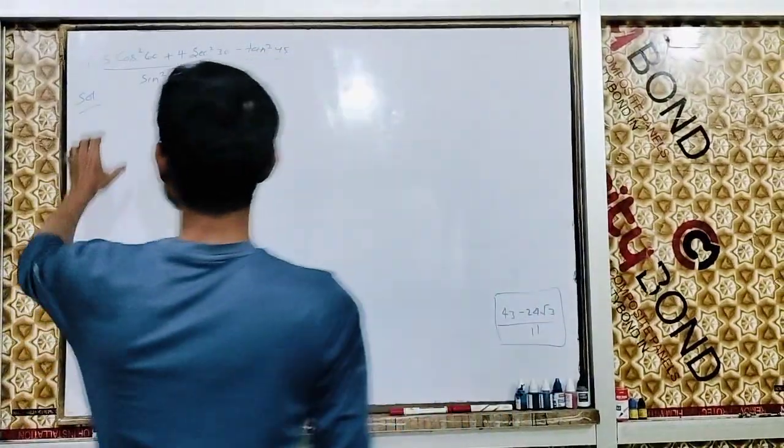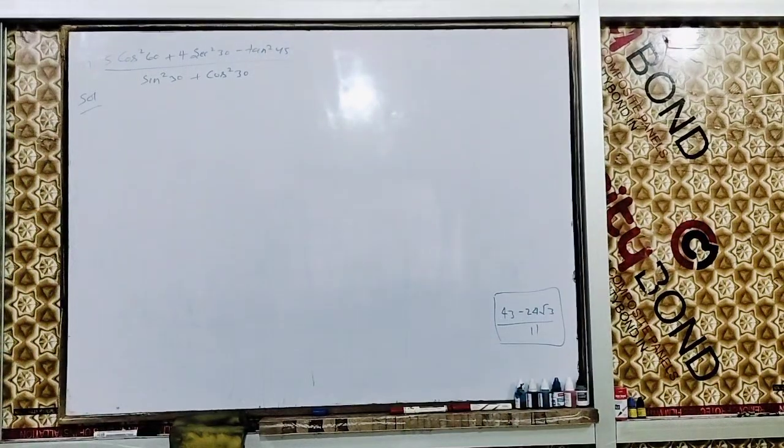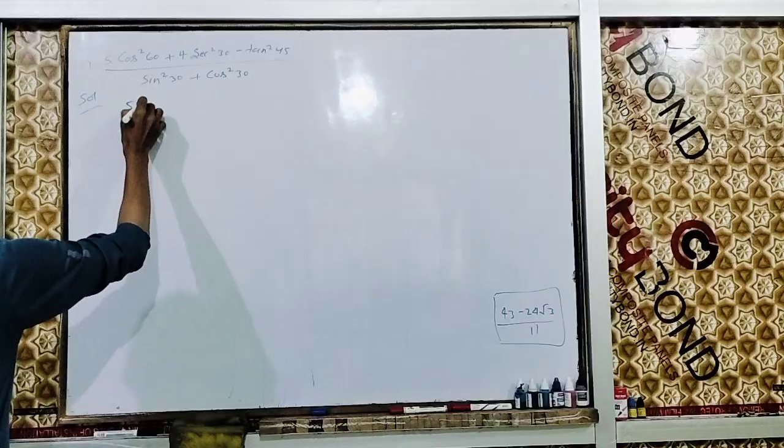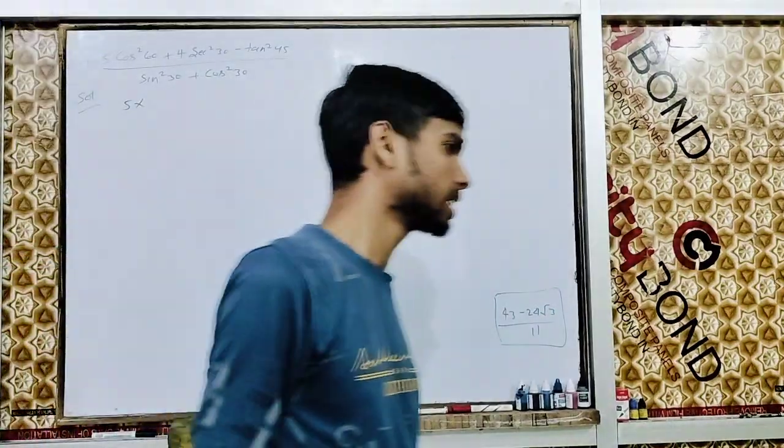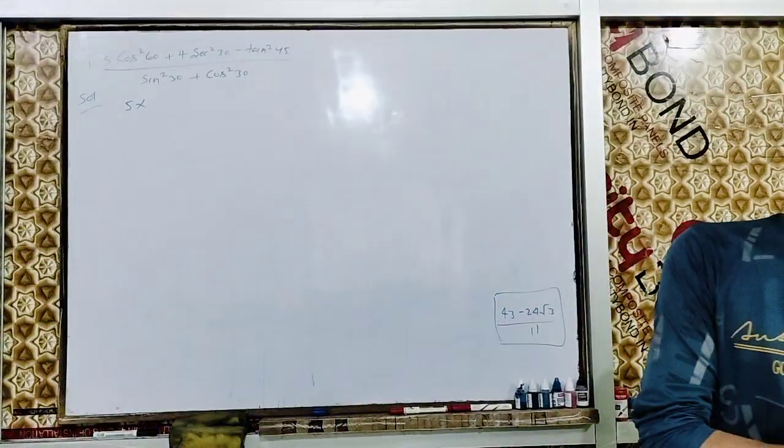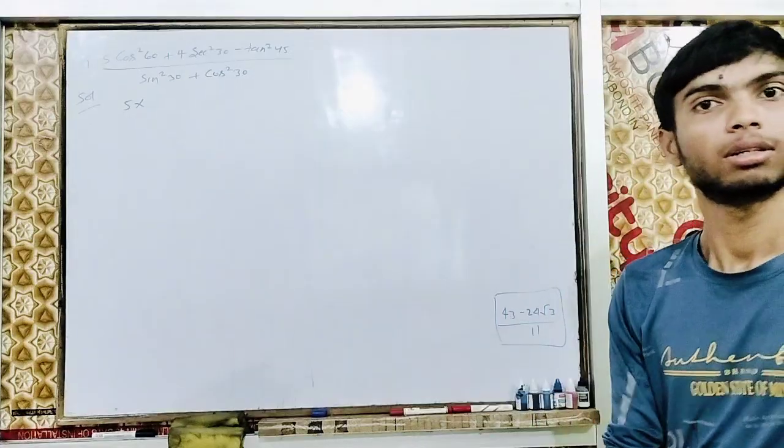First of all, find the value of each trigonometric function that is given. Then, after finding, solve it. Simplify this. So let's just see. Here 5 would be as it is, and the value of cos 60 comes as 1 by 2.